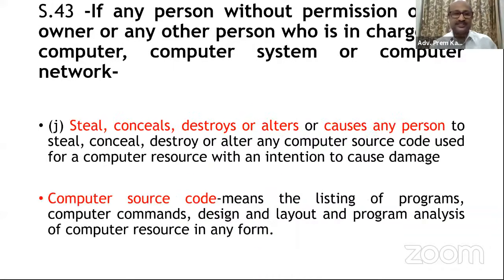Now I go to 43J. Whoever steals, conceals, destroys, or alters, or causes to steal, conceal, destroy, etc. If I mention stealing, the source code is also there. So section 65, and it could be coupled with section 66, read with 43J. Steals, conceals, or destroys, or alters. Here again, source code is mentioned. Please have a look.